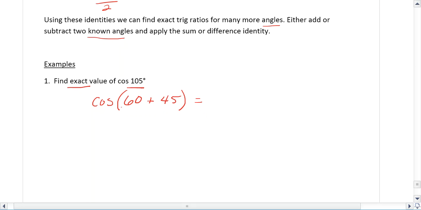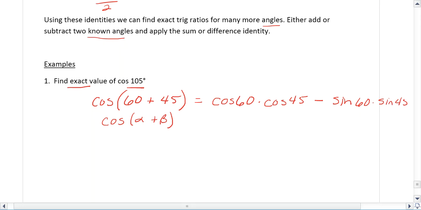Cosine of alpha plus beta says we have cosine alpha, which in this case is cosine 60, times cosine beta, which is my 45, and then there's a minus sign. I'm just following the identity and entering my 60 and 45. Now I subtract sine of alpha, which is sine 60, times sine beta, which is sine of 45.